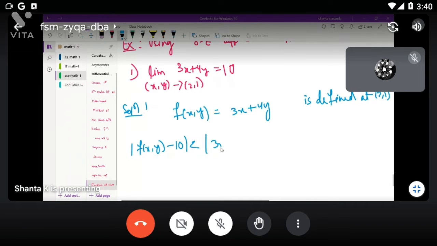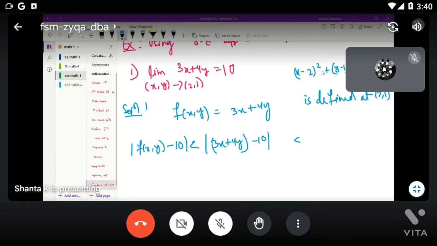So this is 3x plus 4y. Here you see one thing: x minus x naught is 2. What we will try to show is that the square root of x minus 2 square plus y minus 1 square should be less than delta, and we will try to find this delta.